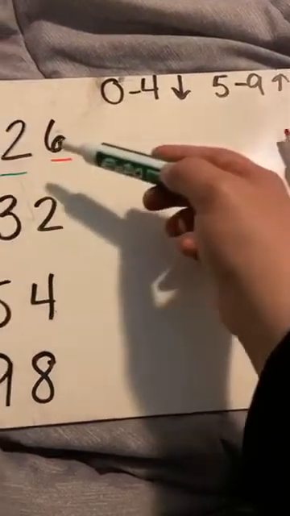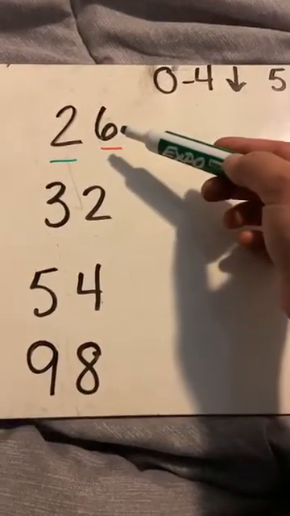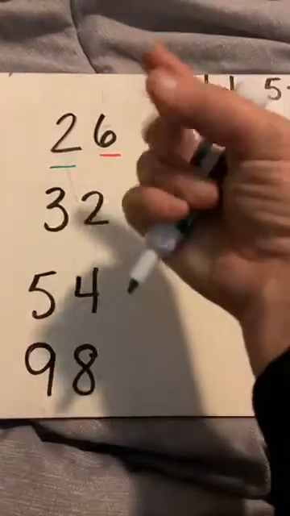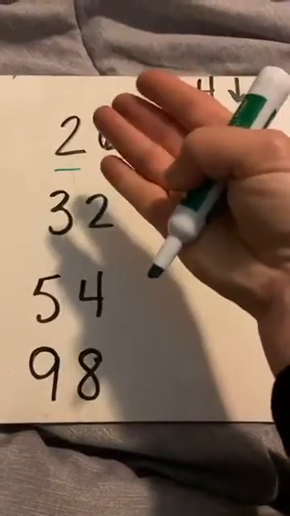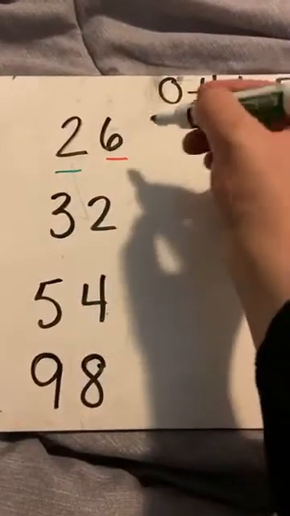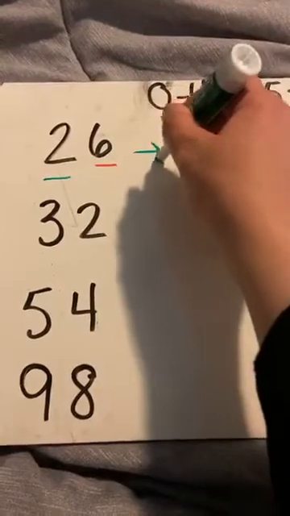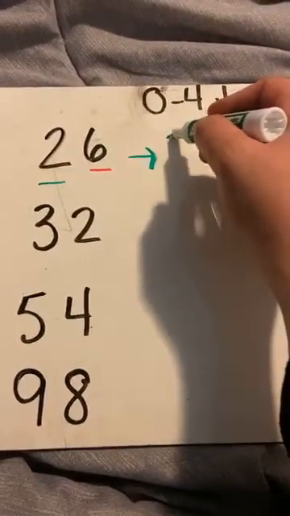So I'm going to round this one up because I know that 26, 27, 28, 29, 30. It's only 4 away from 30. So I'm going to make 26 go to the nearest 10 as the 30.